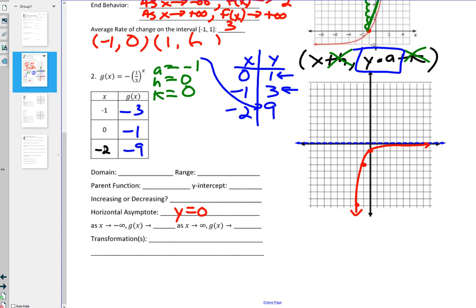They didn't have h or k. Good, so there's no translation. Kiara? Yeah, it's an x-axis reflection.